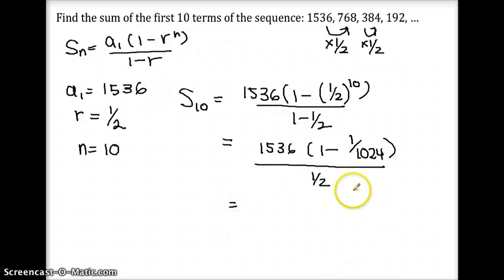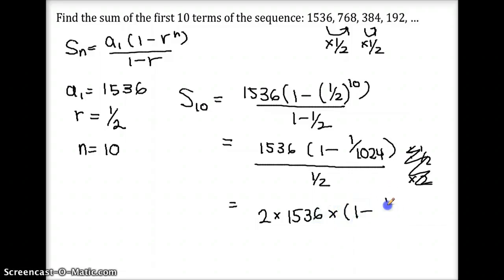And if we're dividing by 1/2, it's the same thing as multiplying by 2, right? So I'm just going to multiply this whole thing by 2 instead and get rid of the fraction on the bottom. So it's going to be 2 times 1,536 times 1 minus 1 over 1,024.